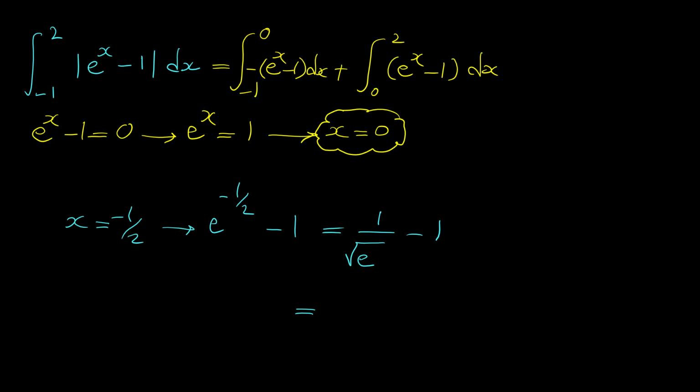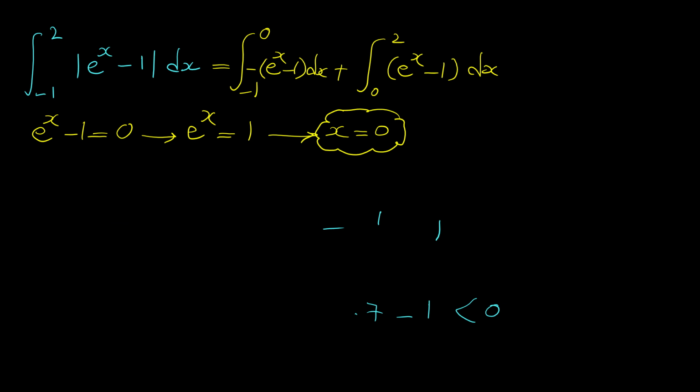And this is similar to 1 over the square root of 2 point something. That is a fraction, and it's smaller than 1. So whatever the value of this expression is, it is less than 1, so let's say it is 0.7. Minus 1, this is negative. In this way, you can check that the expression is negative, and because the expression is negative, we multiply it by a negative to make it positive.